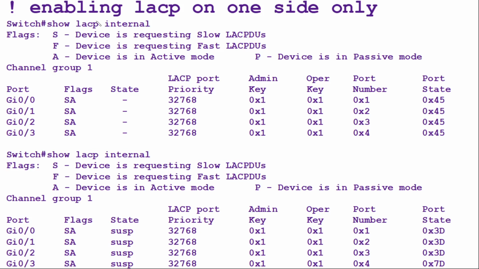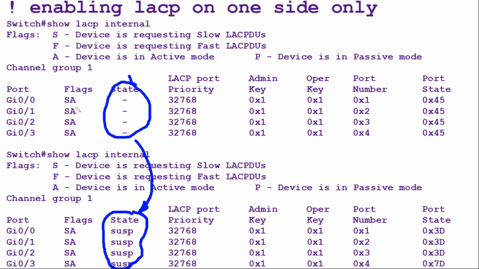So when you have LACP only on one side and you issue show LACP internal, you will see, for instance, that the state is suspended. For some time you might not see anything, but if you wait long enough, you will see that your interfaces are suspended. You will still see how your local device is behaving.